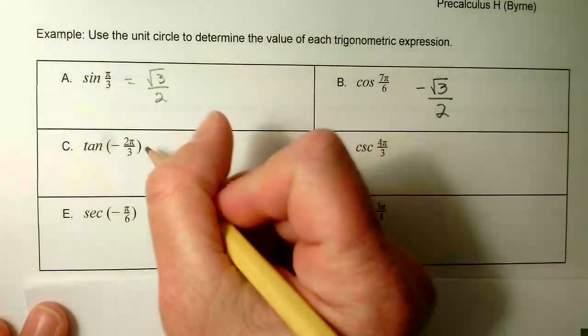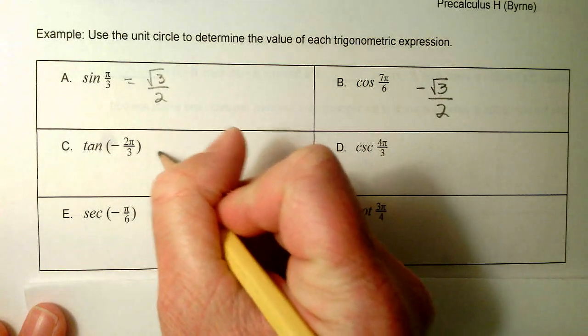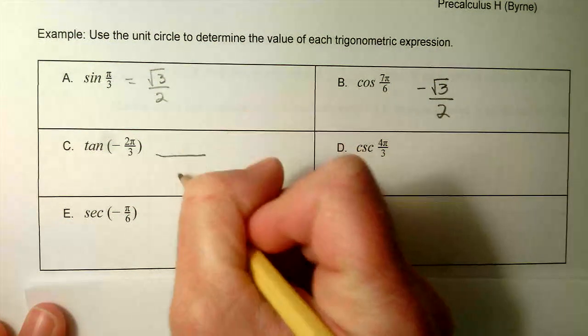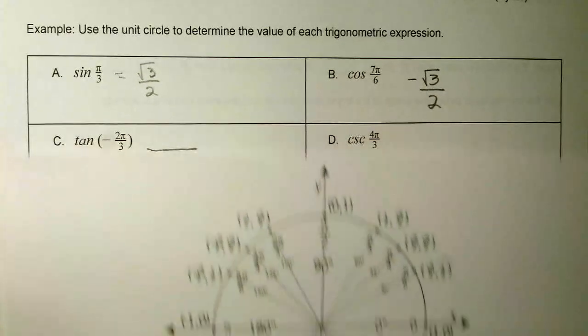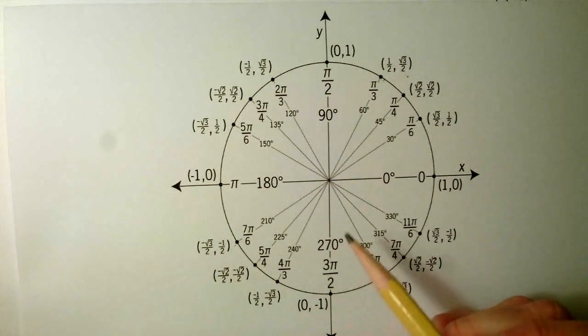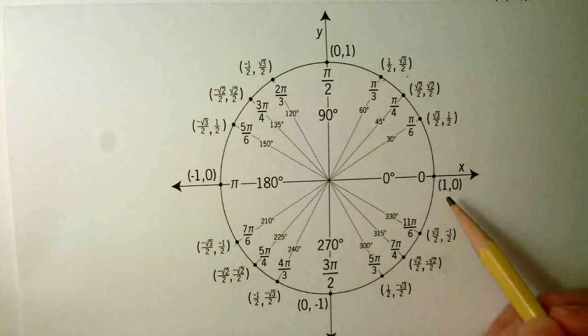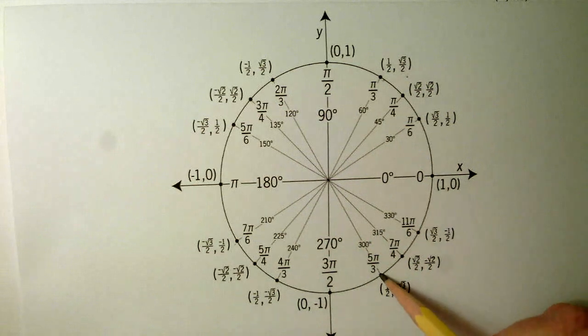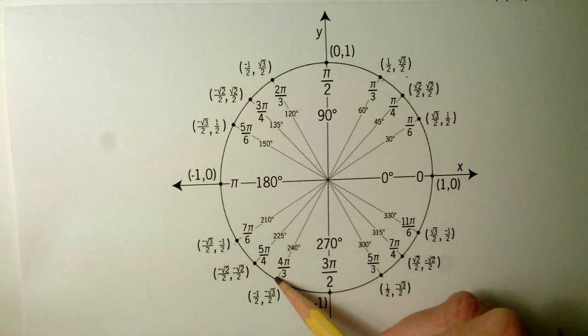So for tangent, I know that I need to find the sine over the cosine. So on my unit circle, I go to negative 2/3 pi. So here's 1/3 pi, negative 1/3 pi, negative 2/3 pi.